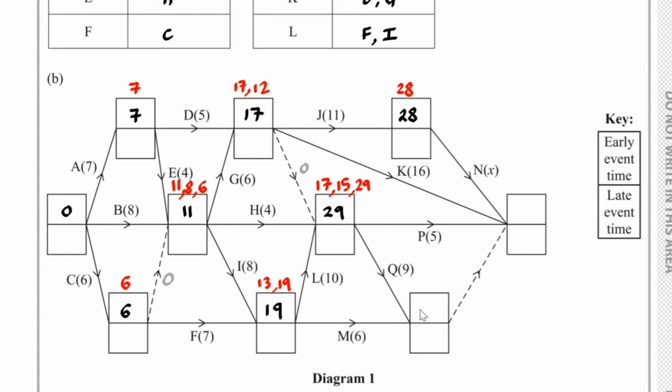And then into here, we either have 19 plus 6, which is 25, or we've got 29 plus 9, which is 38. The largest one is 38.